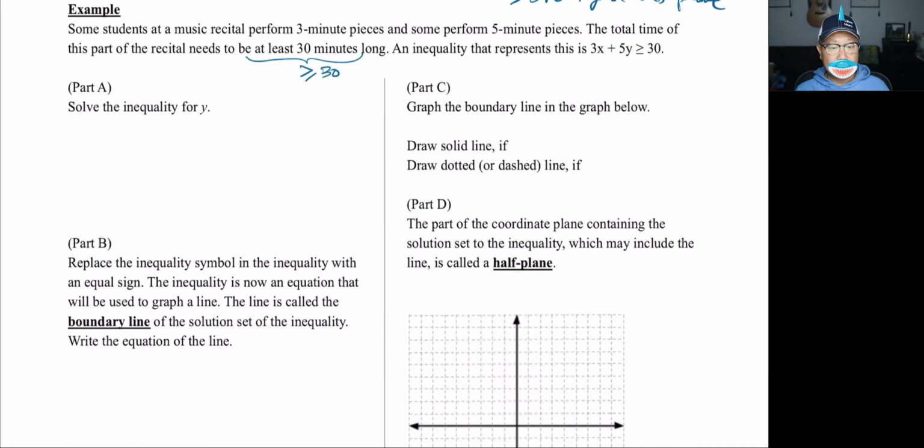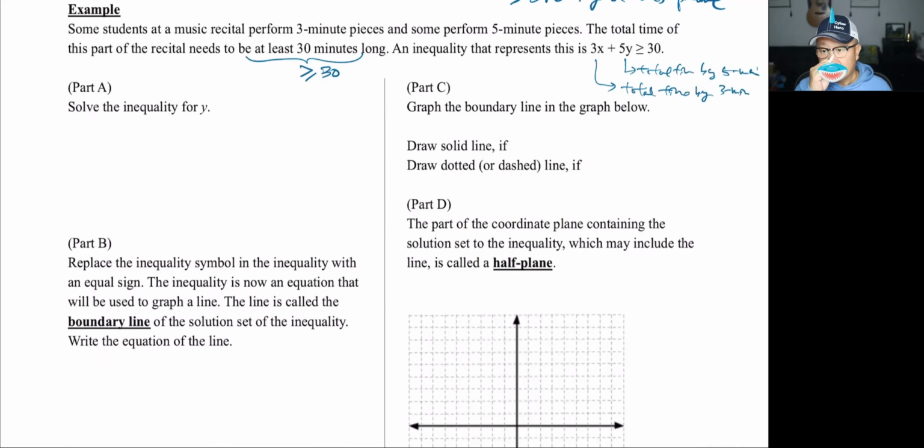Okie dokie. So the inequality represents this. Let's think about that for a second. I'm thinking that 3x is the total time by 3-minute pieces, and 5y is the total time by 5-minute pieces.